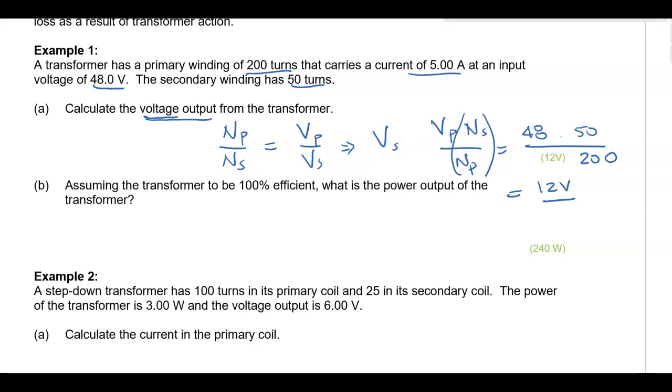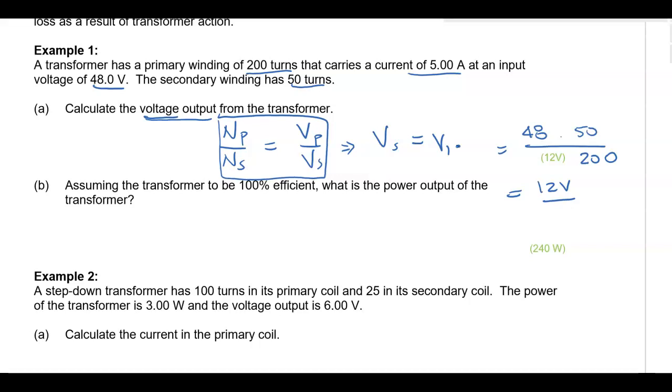Okay, so we start with our basic relationship, and we rearrange this to find that, put simply, your secondary voltage, which is what we want, is going to be your input voltage times the ratio of the turns.